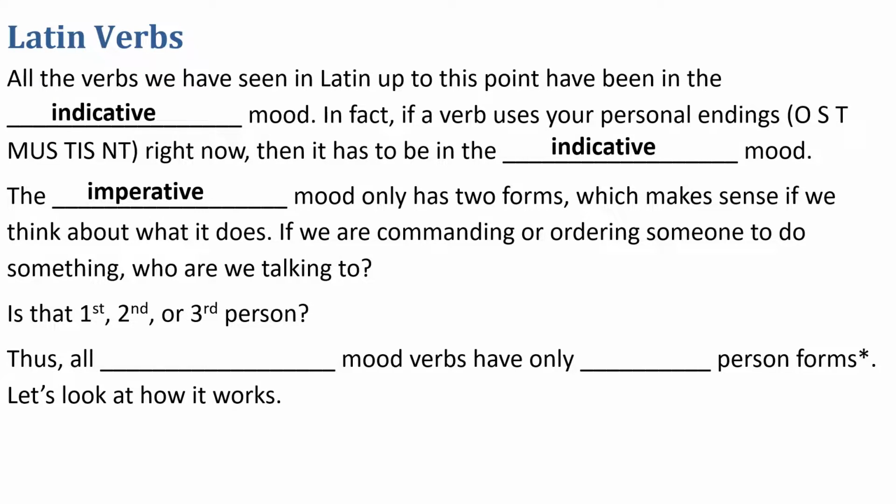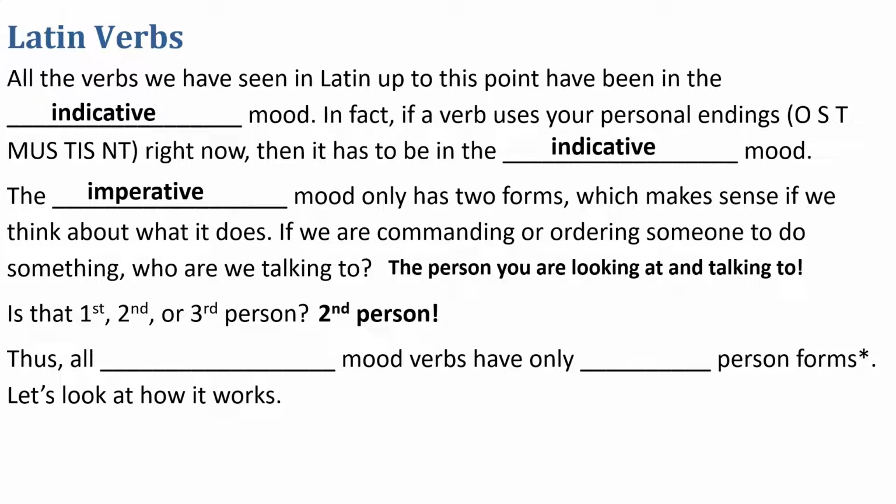If we are commanding or ordering someone to do something, who are we talking to? Think about giving a command or an order to someone. Who are you talking to? You're talking to the person you're looking at. So if you're talking to someone and looking at them and giving them a command, is that first, second, or third person? That's second person.